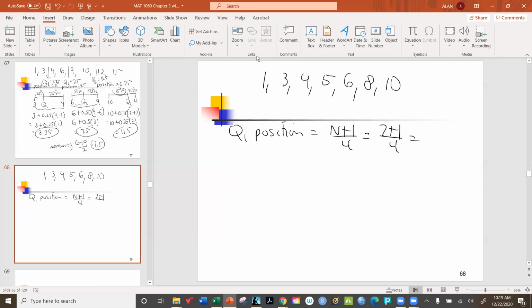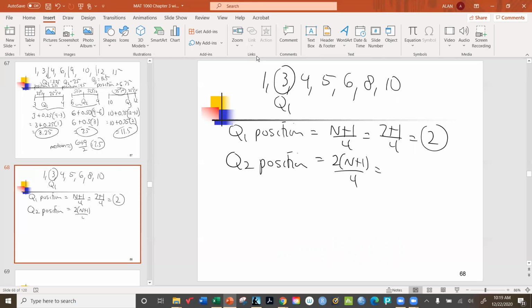Oh, look what happened here. We got an integer. So this is Q1. Man, it's nice when things work out like this, isn't it? But it's so rare in the real world, that things usually don't work out nicely. That's unusual. The more normal case is for things to work out not nicely.